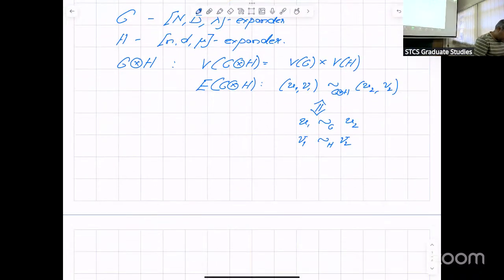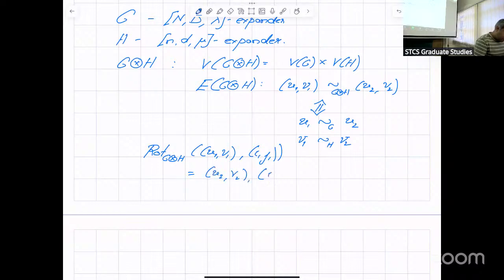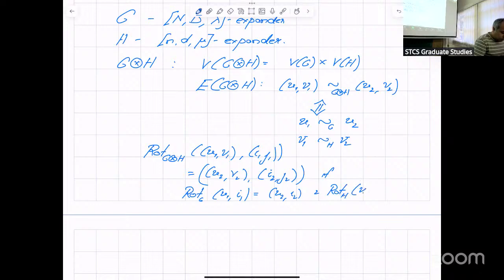So more precisely, Rot of G tensor H of (U1, V1, I1, J1) will be (U2, V2, I2, J2) if Rot_G of (U1, I1) equals (U2, I2) and Rot_H of (V1, J1) equals (V2, J2).